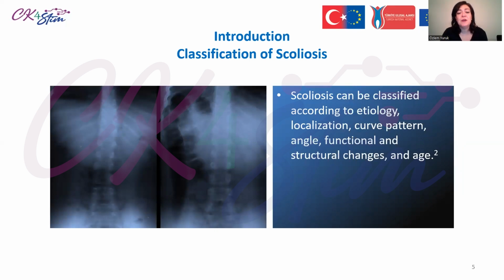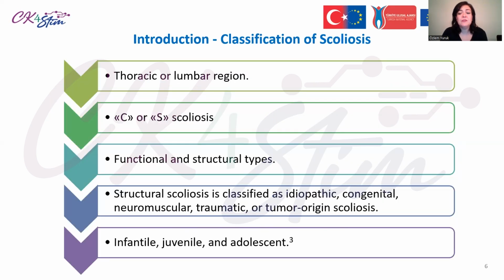Scoliosis can be classified according to etiology, localization, curve pattern, angle, functional and structural changes, and age. Scoliosis is usually seen in the thoracic or lumbar region. It is classified as C or S scoliosis according to its pattern.